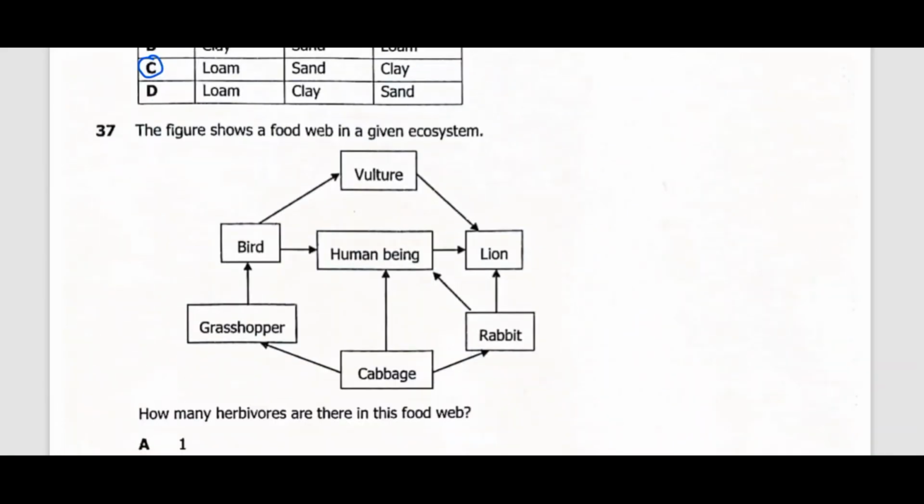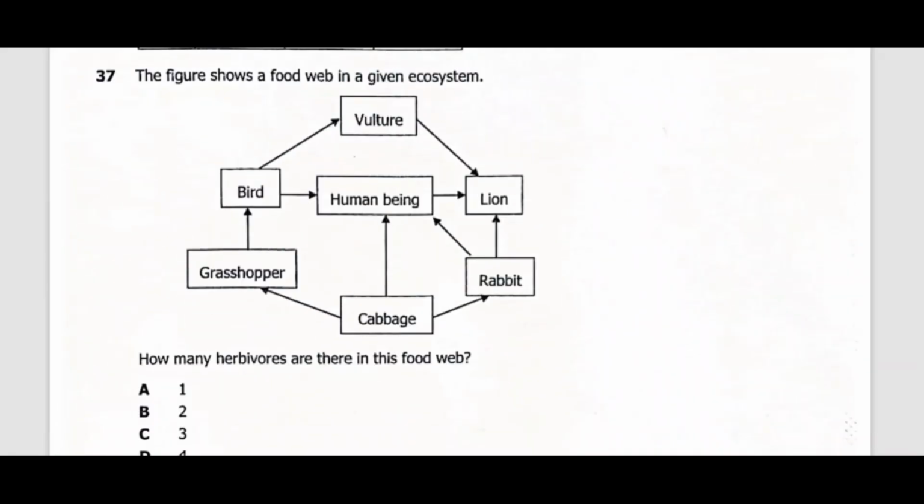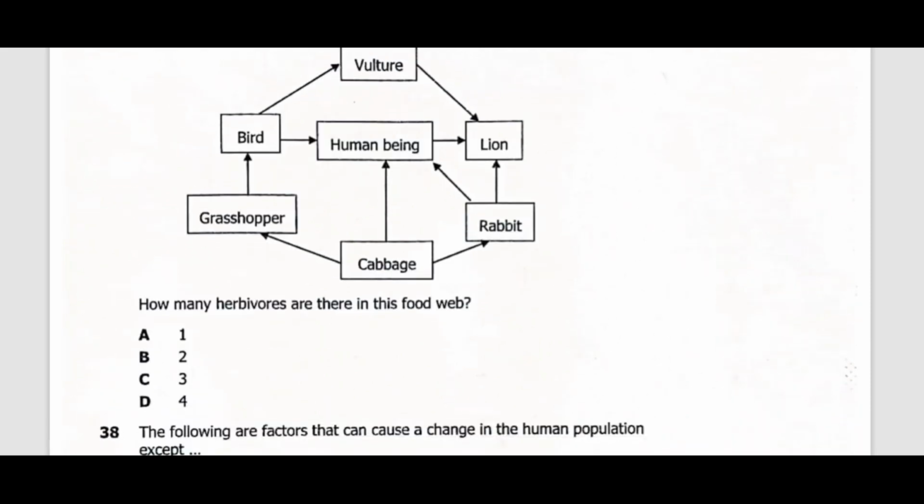Then question 37. The figure shows a food web in a given ecosystem. How many herbivores are there in this food web? What are herbivores? These are animals that feed on plants only. We can see that the cabbage here is the producer. Then herbivores are primary consumers.